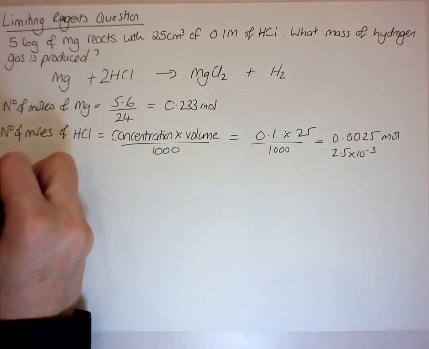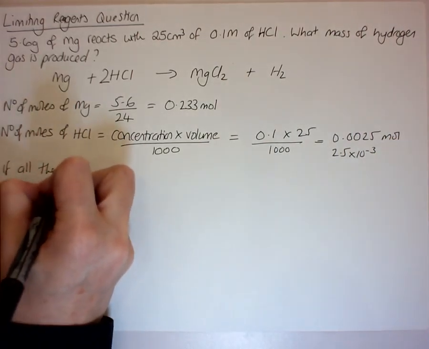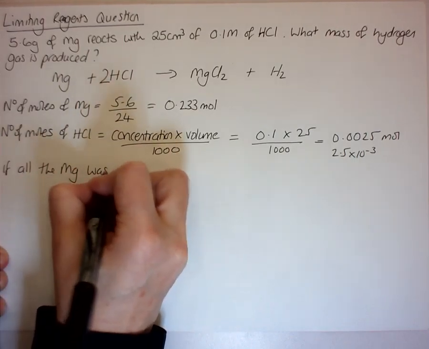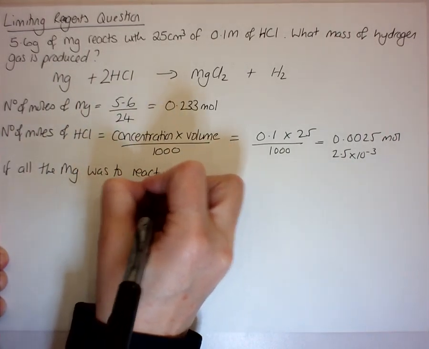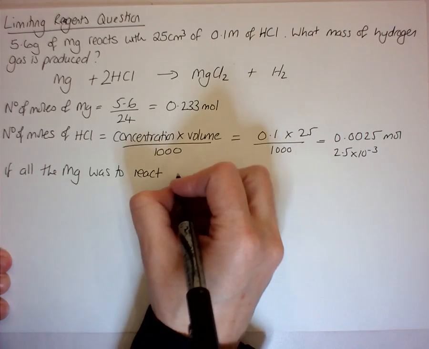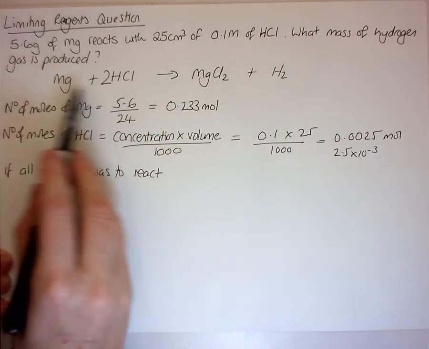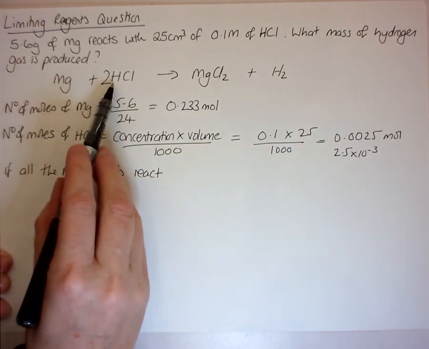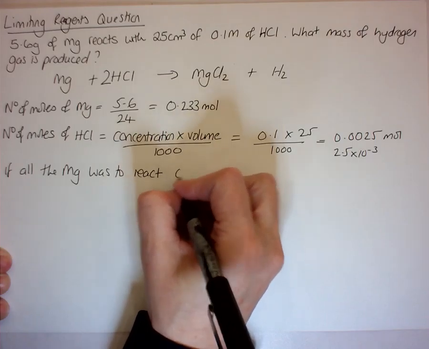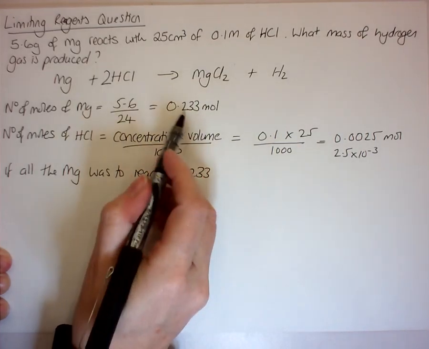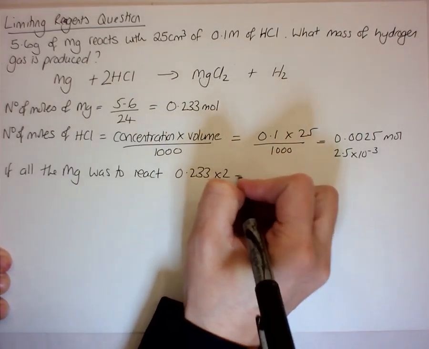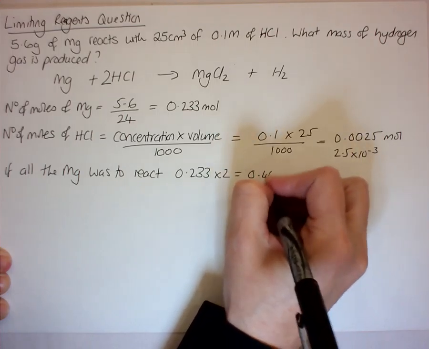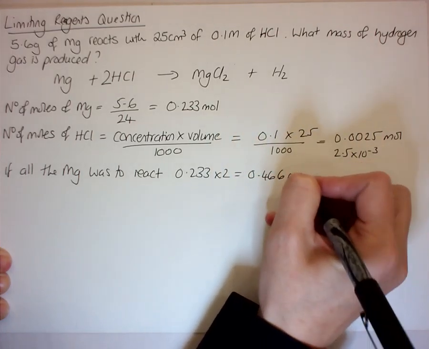So, if all the magnesium was to react, looking at my molar ratio, I would need twice the number of moles of HCl. So 0.233 moles of magnesium times by 2, 0.466 moles.